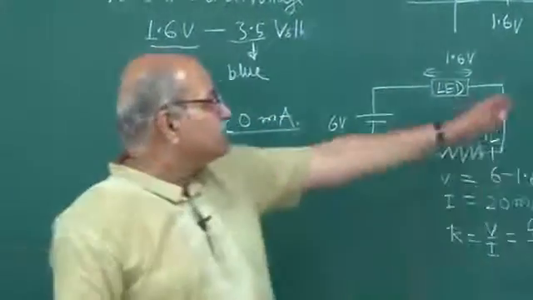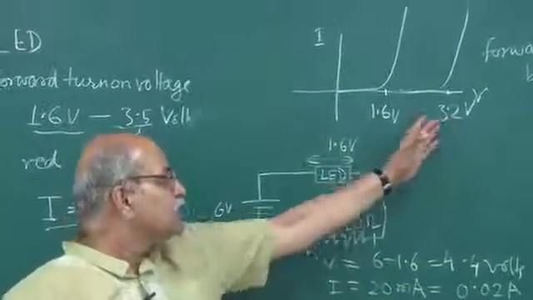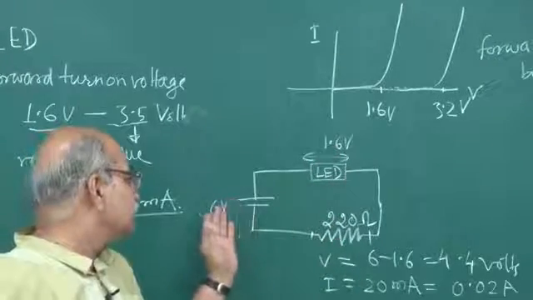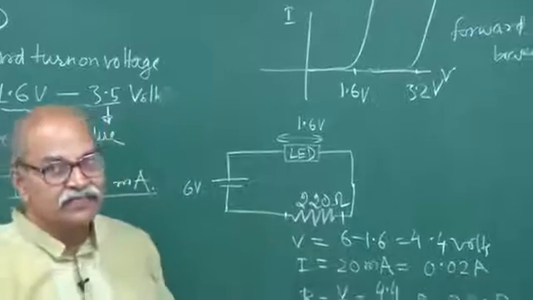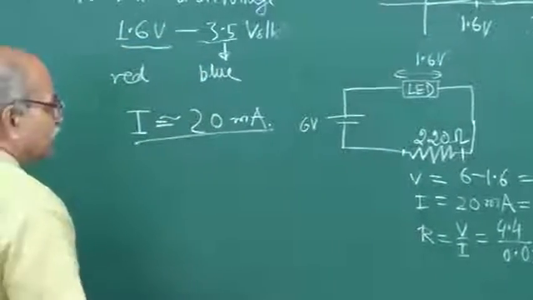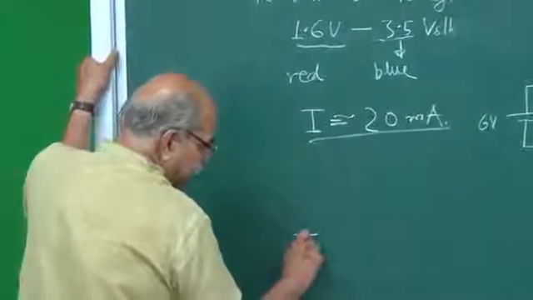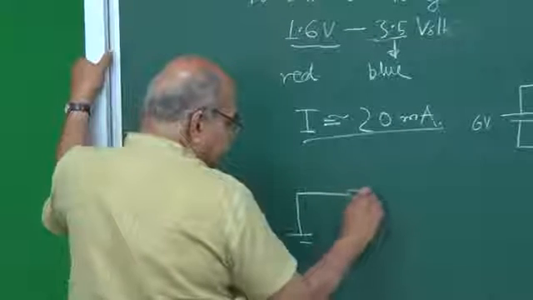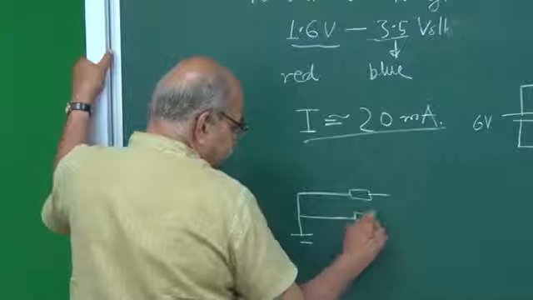Whereas if you have a blue LED here, the forward turn-on voltage is 3.2 volts, then on this resistance you have 6 volt minus 3.2, and correspondingly you can calculate. And what if two LEDs are to be connected in parallel? Suppose you have a 6 volt source and you want to connect one LED here and one LED here.